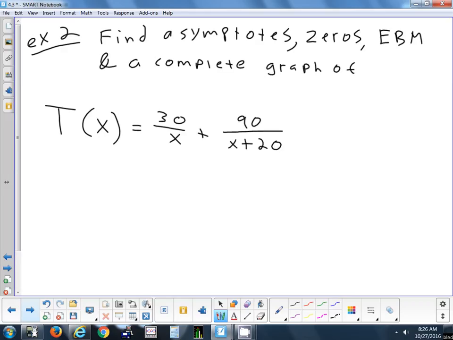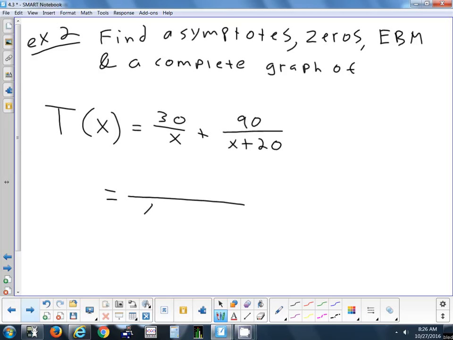All right, so this is the kind of problem we've looked at in homework a couple nights where we've got two separate fractions. But what do we usually like to do when we have two fractions that are separate? Yeah, let's combine them together so that we can look at end behavior models a little easier. Okay, what's my common denominator here?